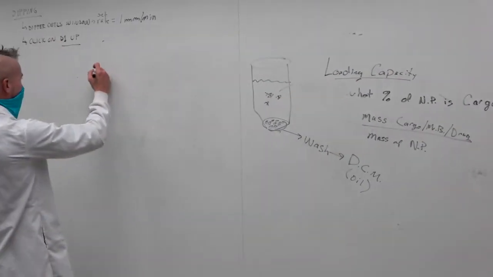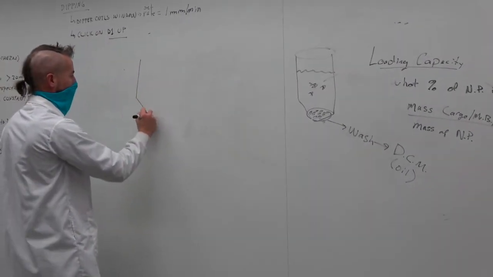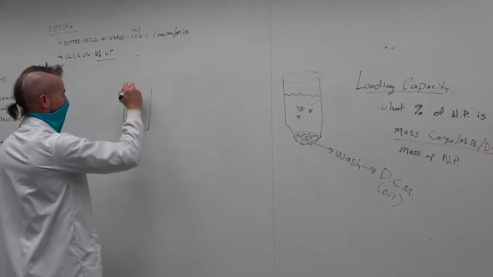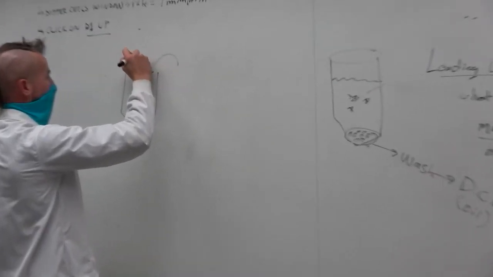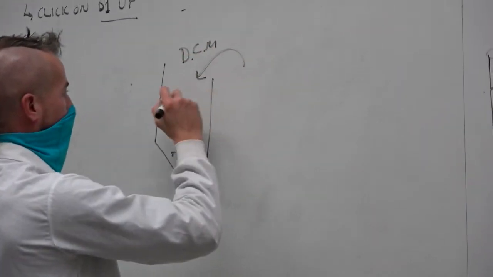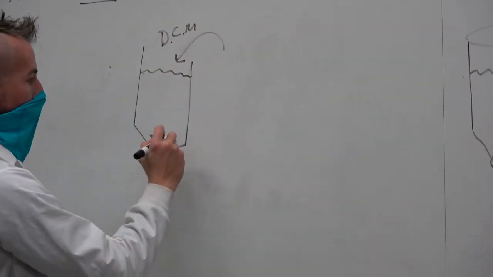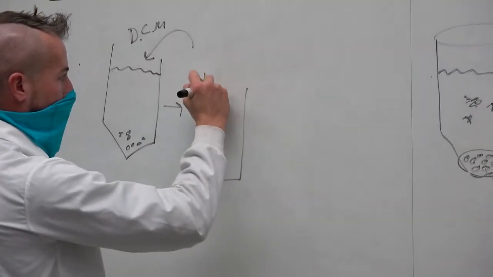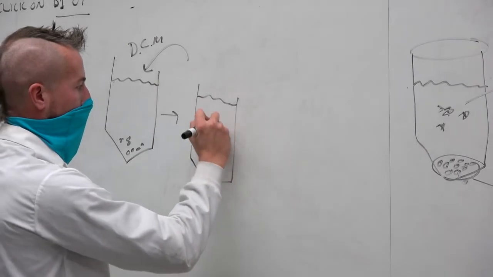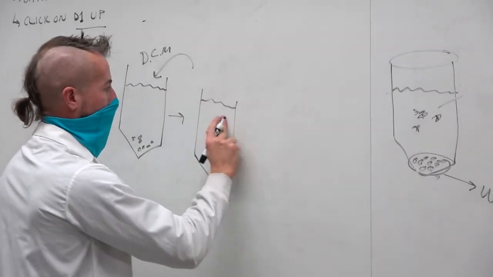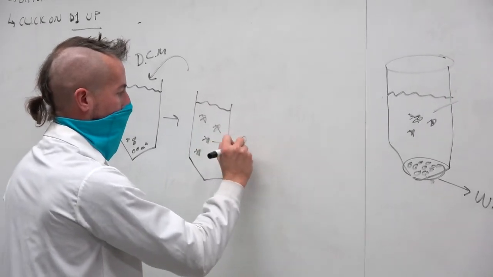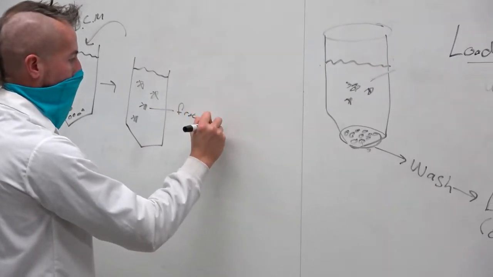So when you take particles, add in dichloromethane, give it a shake, pretty soon the particles are gone, and all you have, these stars, represent free MB.